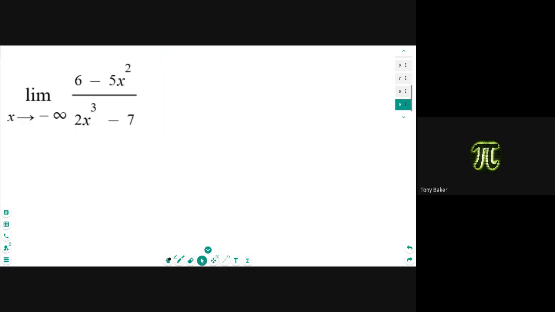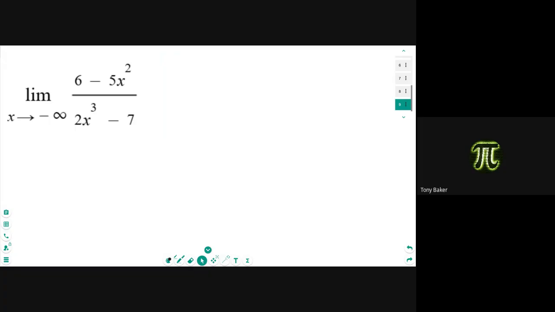So what can I do to a fraction and not actually change the fraction? Multiply the numerator and denominator by the same thing. Okay, so I can multiply the numerator and denominator by the same thing, correct? Can I also divide the numerator and denominator by the same thing?